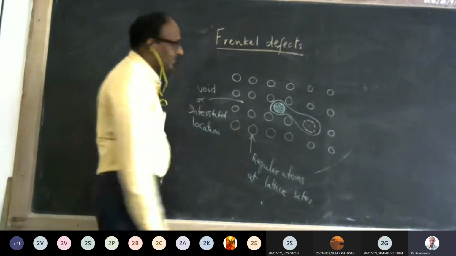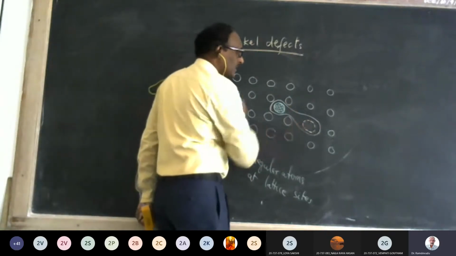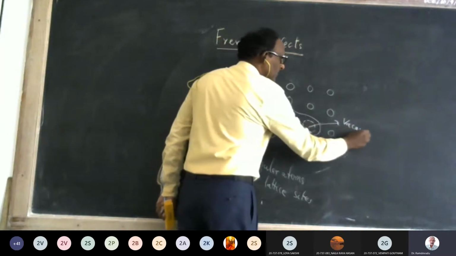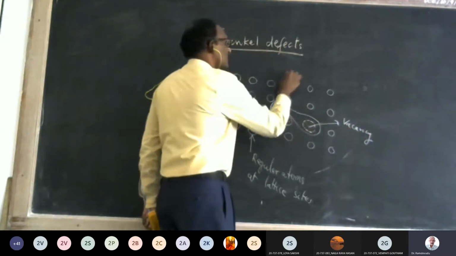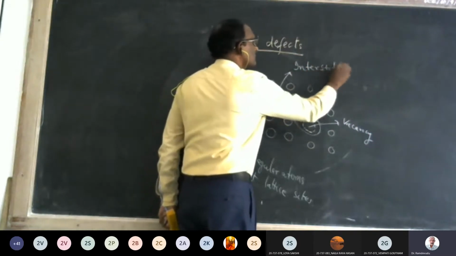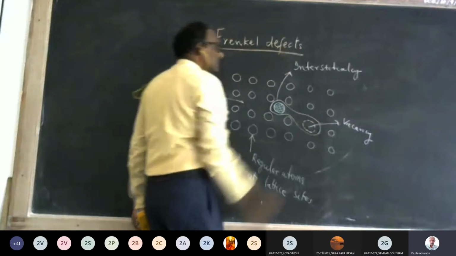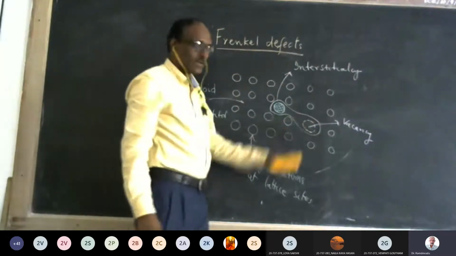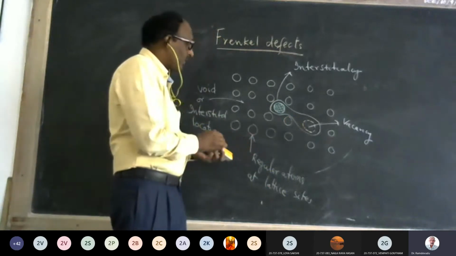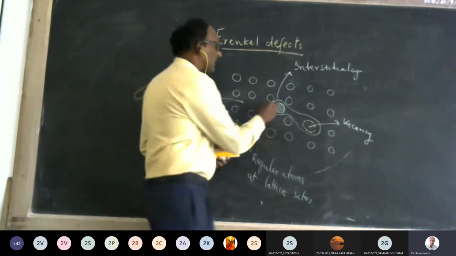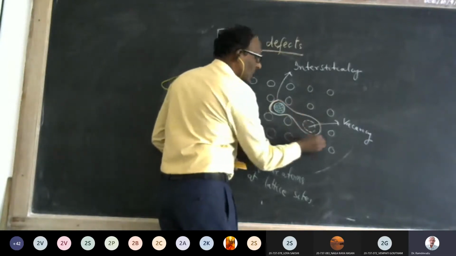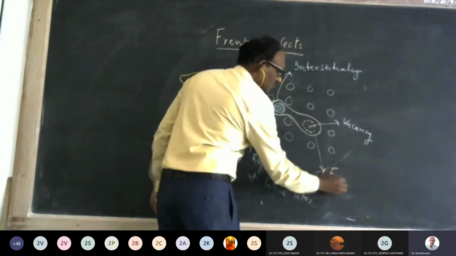This is the vacancy. This is the interstitial site. A pair of interstitial and vacancy together, we call a Frankel defect. This pair is called a Frankel defect.